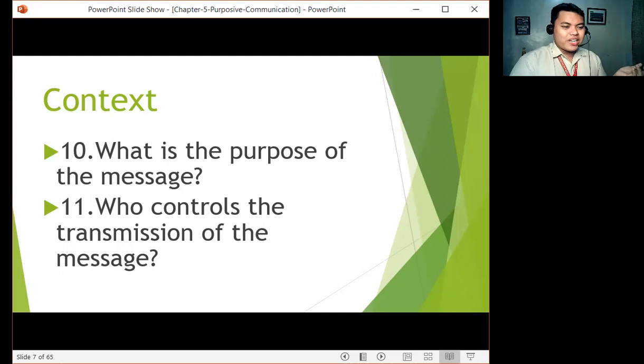And the next one is we need also to consider the context. Those are the things that we need to remember if we are reading something or we hear some information from other people or on television or on radio. So that is for evaluating images.